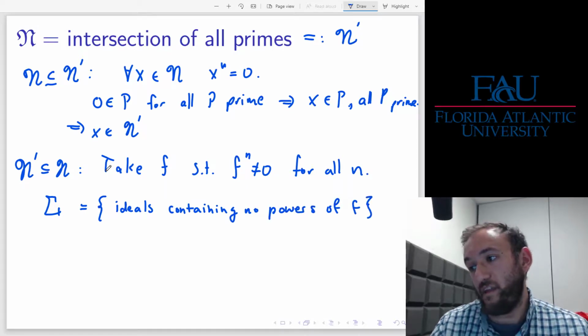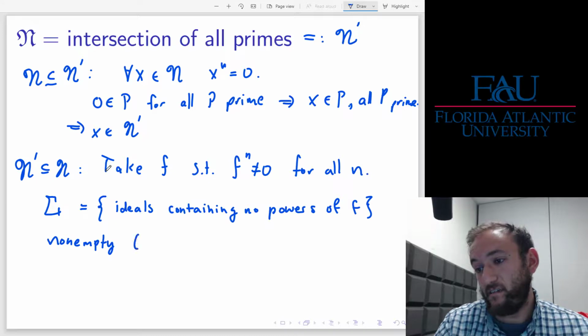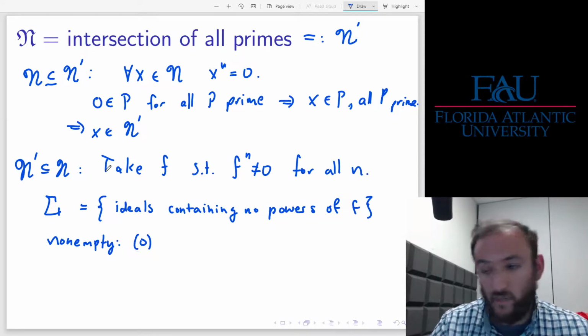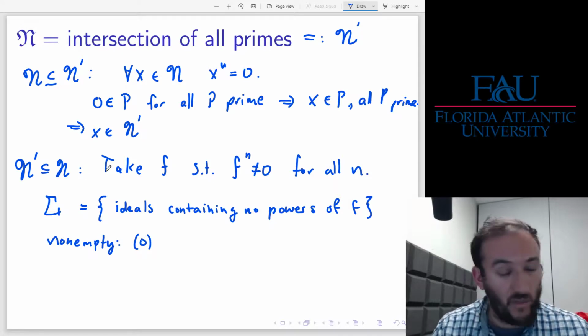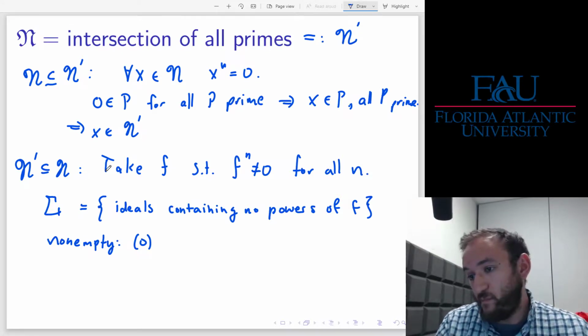And we know that this is non-empty because the 0 ideal is in the family sigma because, as we said, f is not nilpotent, so no power is equal to 0. Similarly, the boundedness of chains comes just as above.